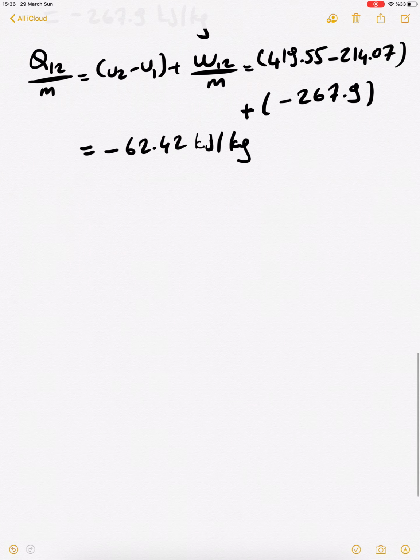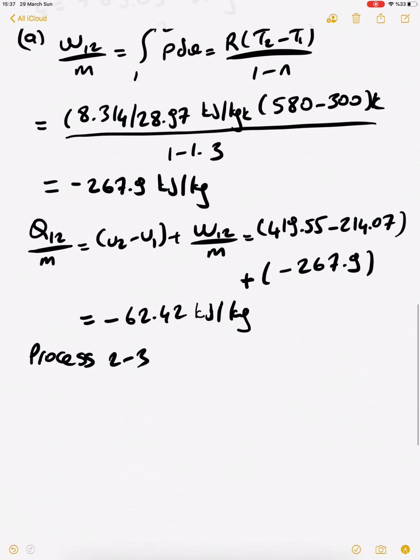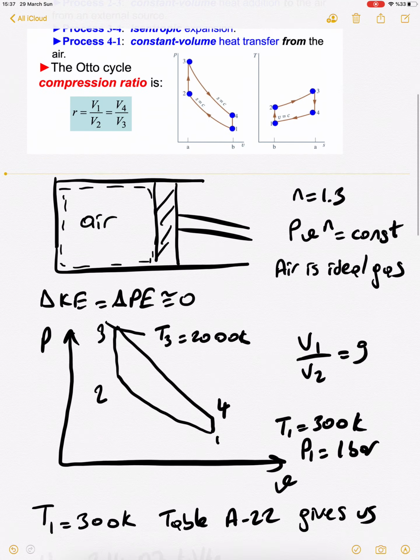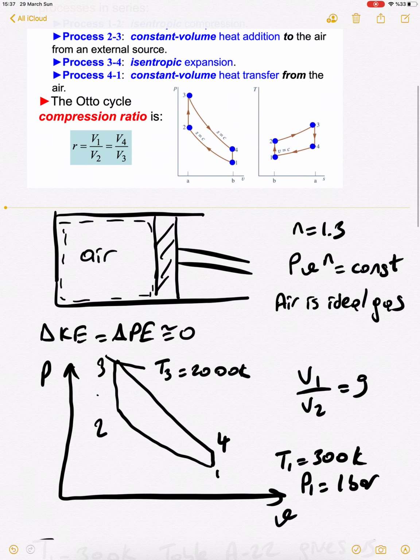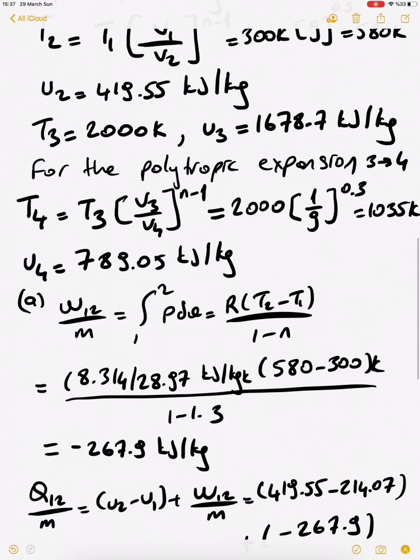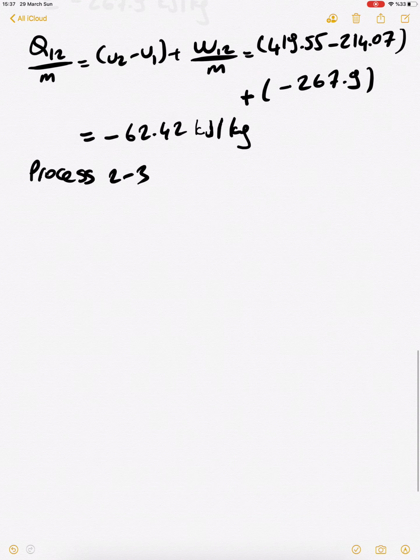Now for the process 2 to 3, let's remember here, 2 to 3. So this is going to be the heat addition and work is 0. Therefore we have only heat addition, and W23 is equal to 0.